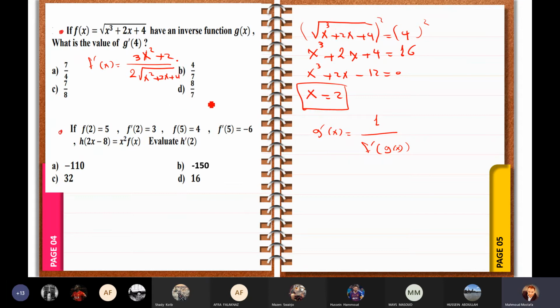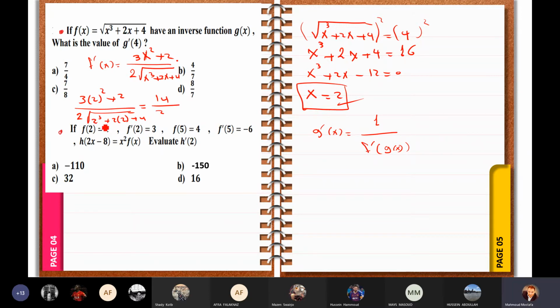Then substitute by 2. So 3 times 2 squared plus 2, over 2 times the square root of 2 to the power 3 plus 2 times 2 plus 4. 2 squared is 4, multiply 3 is 12, plus 2 is 14, over 2.